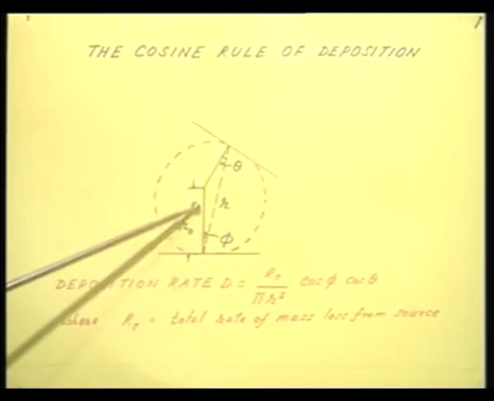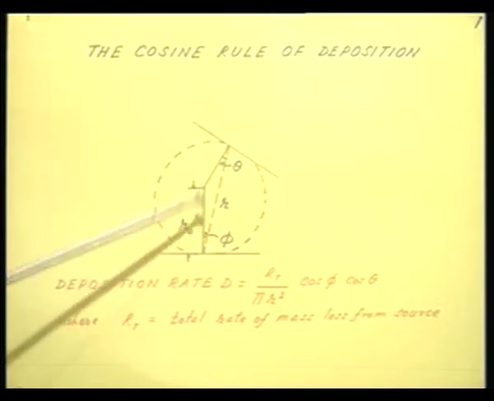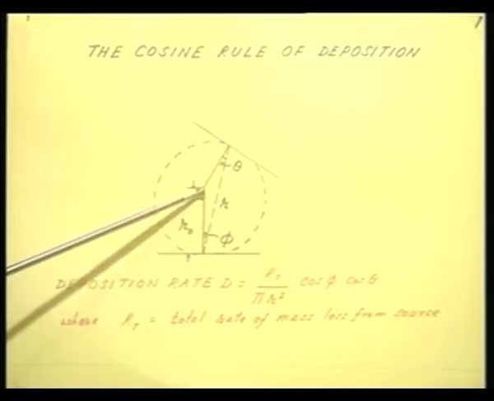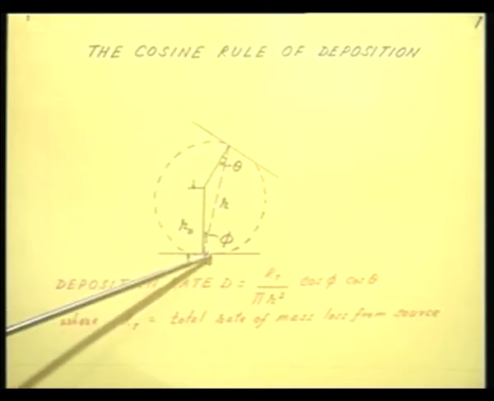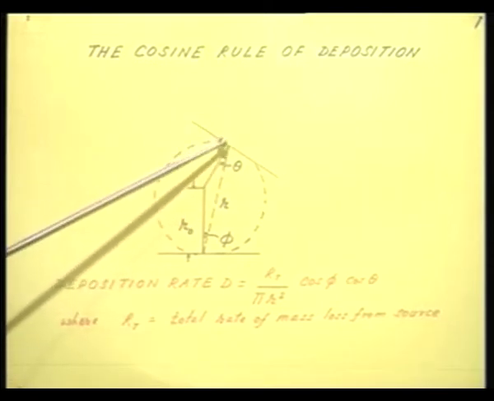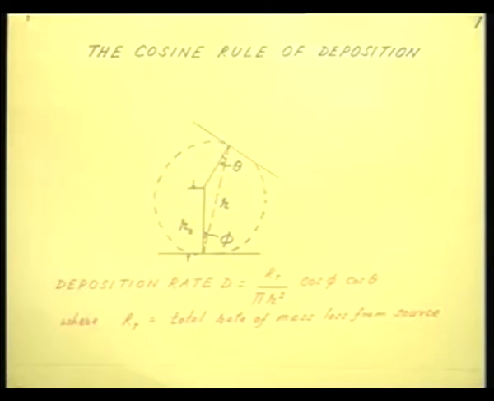This line is the normal perpendicular to the surface of the metal source. Similarly, the angle theta is the angle between the normal to the substrate surface and the direction of the deposition.